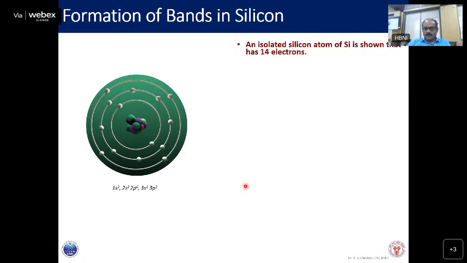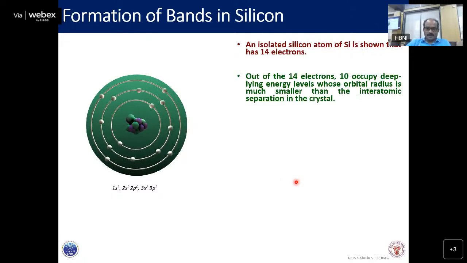So let us see the formation of bands in silicon step by step. We have a silicon atom, which has 14 electrons: 1s2 in the first orbit, 2s2, 2p6 in the second, and 3s2, 3p2. So this atom contains 14 electrons.